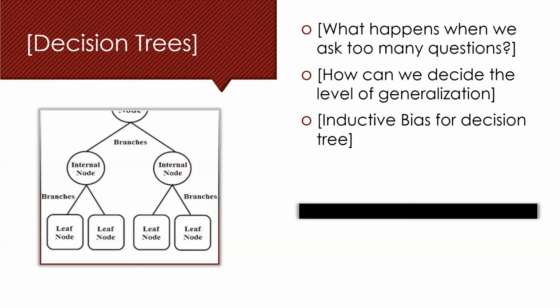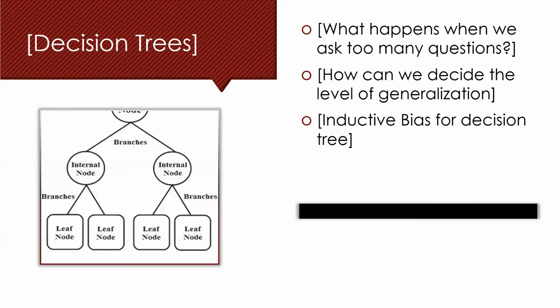When we think about asking questions, we also think about how many questions I should ask. How many layers should my decision tree have? How many branches and nodes should my decision tree have? This is an important question regarding the generalization of models. For example, I have two cases.